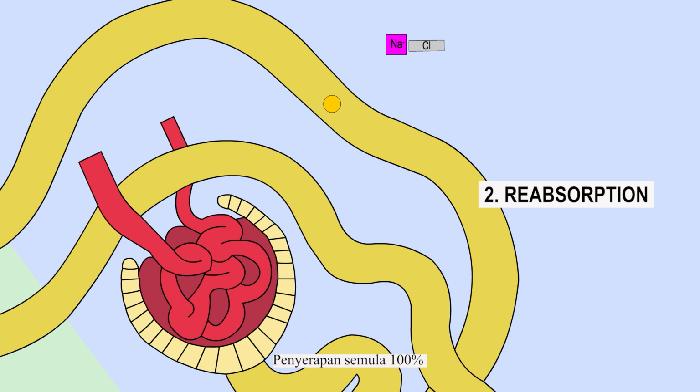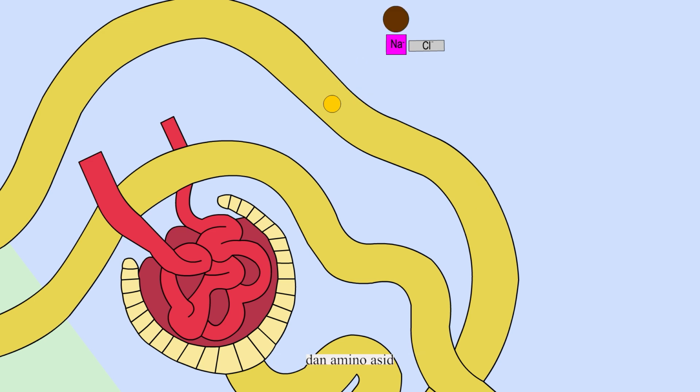Reabsorption of 100% glucose and amino acid occurs through active transport. This will make the concentration of dissolved substances in the capillary higher as compared to the glomerular filtrate. As a result, water will enter the blood capillary through the process of osmosis.